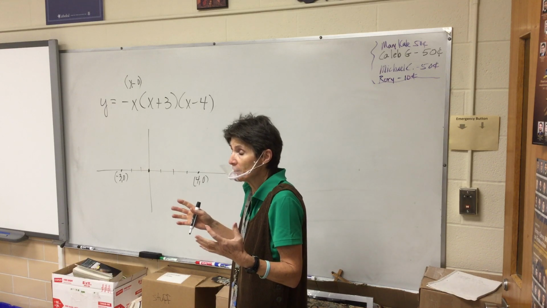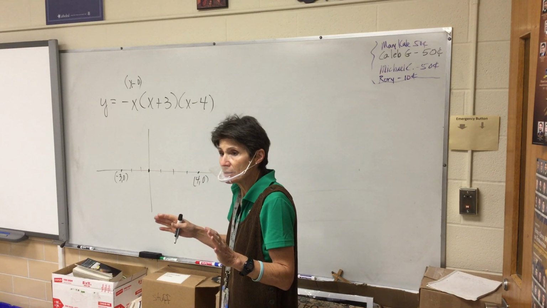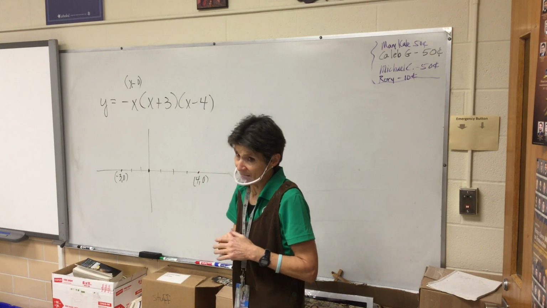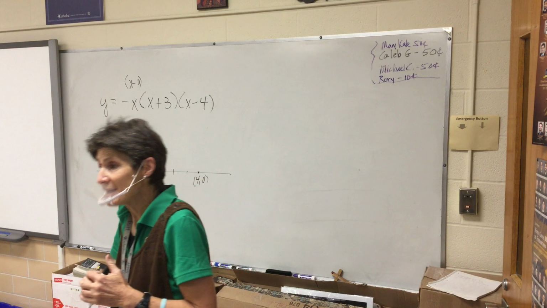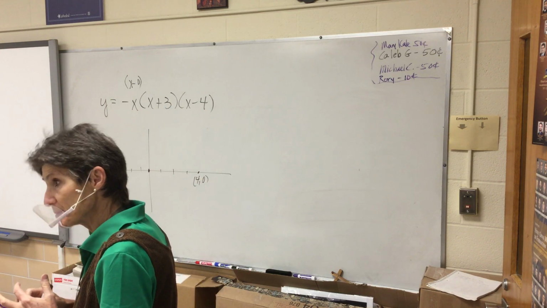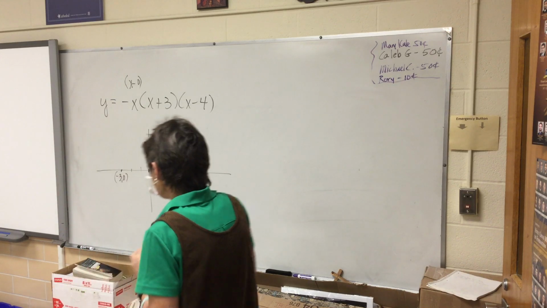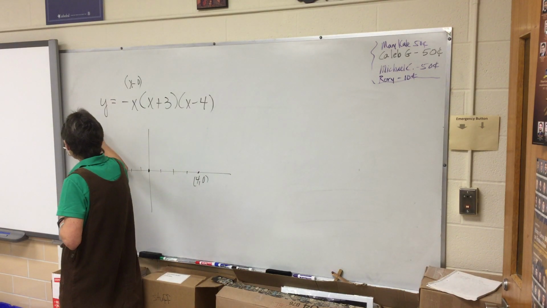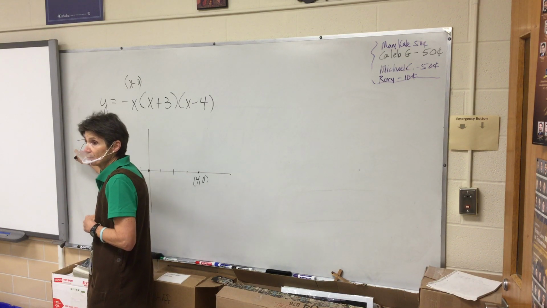Now we're going to sketch our picture. Nothing is squared, so we're not going to be bouncing or anything like that. But there is a negative out in front. What does a negative out in front do to our picture? Turns it upside down. Now, if you multiplied this all out, it would be x cubed. X cubed normally starts down here.